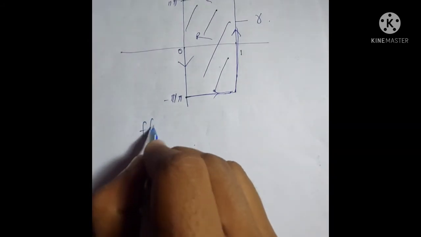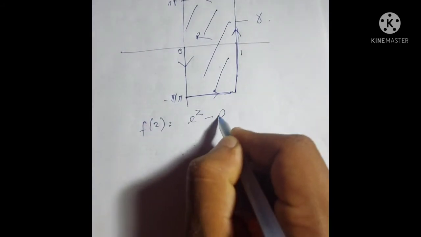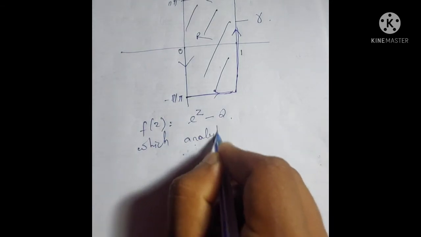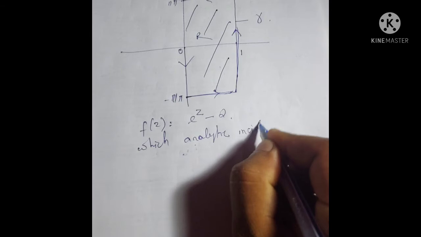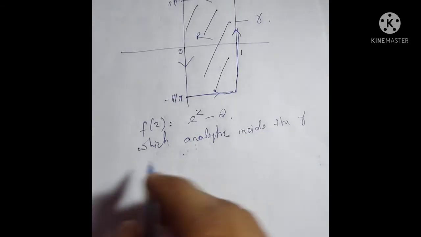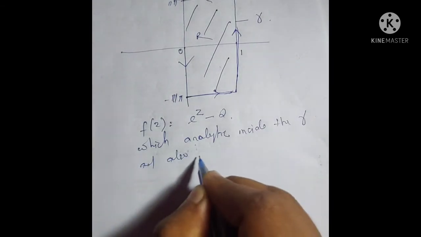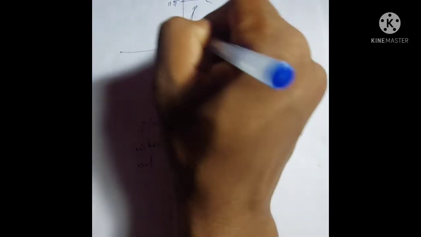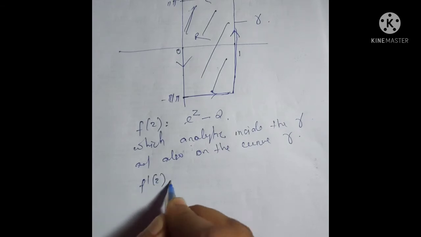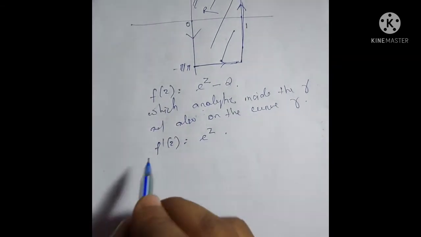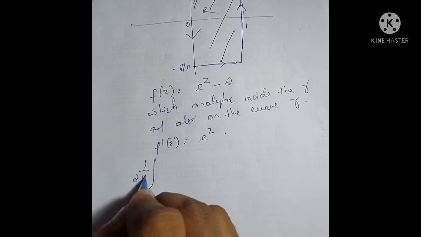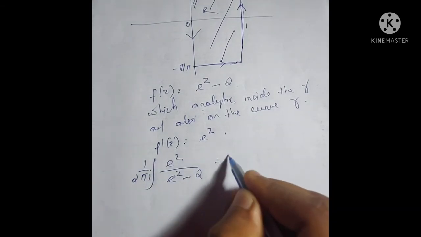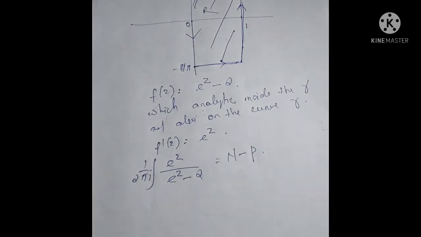Now take f(z) = e^z - 2, which is analytic inside the curve gamma and also on the curve gamma, and f'(z) = e^z. So (1/2πi) ∫ e^z/(e^z - 2) dz is equal to N minus P by the argument principle theorem.